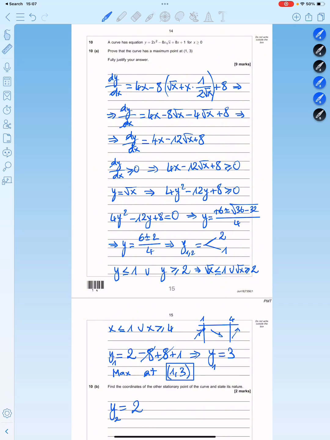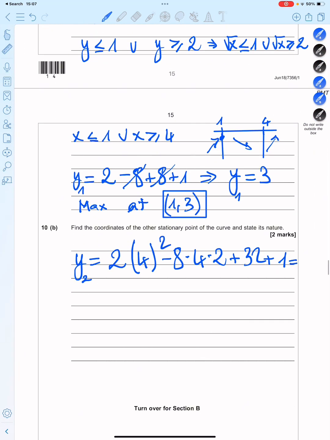So I'm going to have 2 times 4 squared minus 8 times 4 times 2 plus 8 times 4 plus 1. So this is the y coordinate, and this is equal to 4 squared is 16 times 2 is 32, minus 8 times 4 times 2 is 64, plus 32, plus 1. And all of this cancels out because 32 twice is 64, and this is equal to 1.